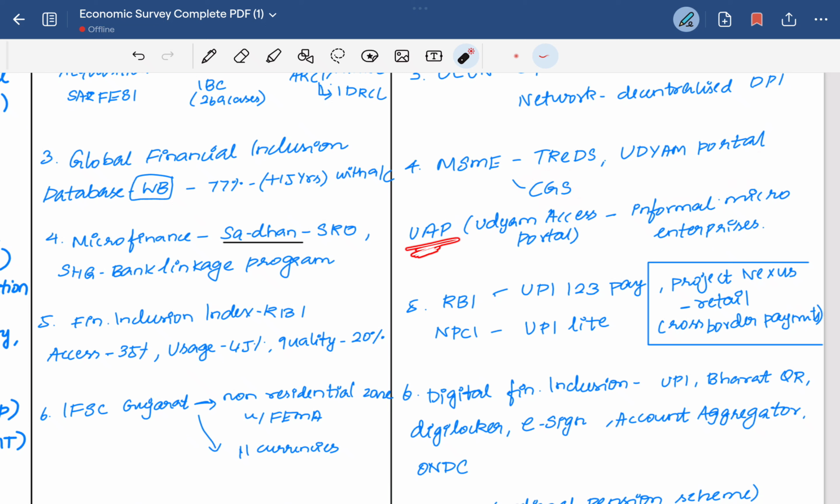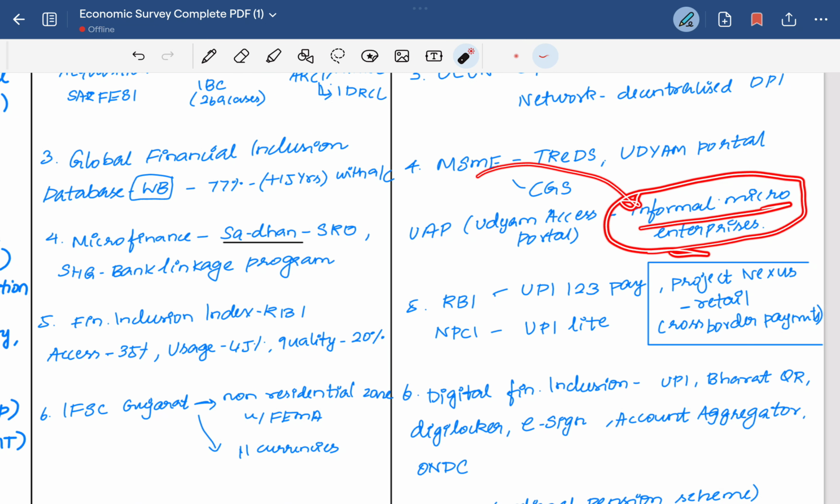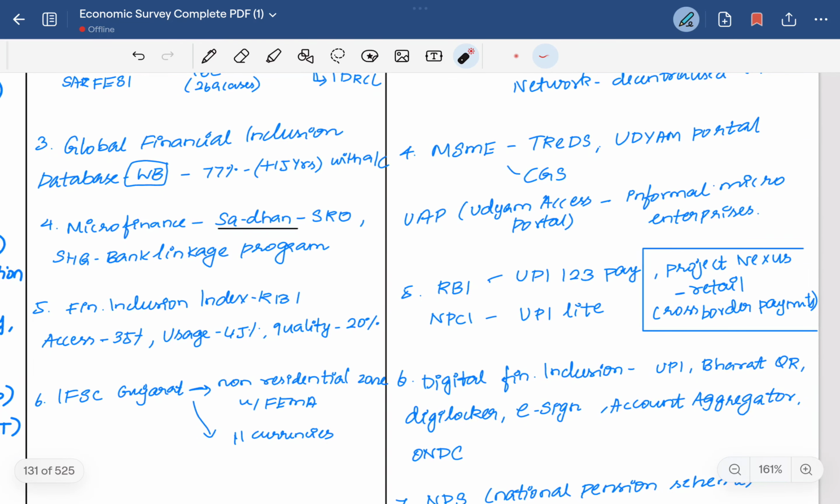Then the UAP is the Udyam Assist Portal, which is basically for enhancing the informal micro enterprises which are outside the ambit of the MSMEs, micro, small and medium enterprises.